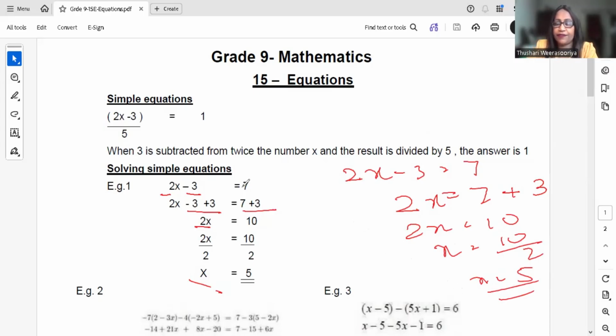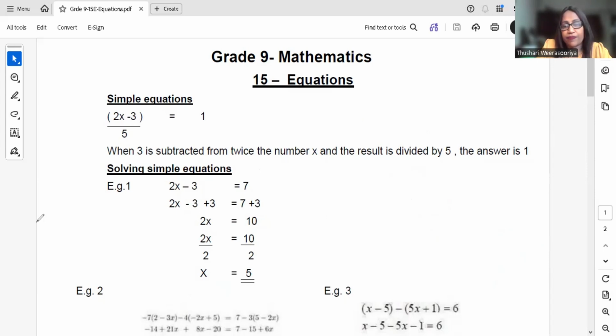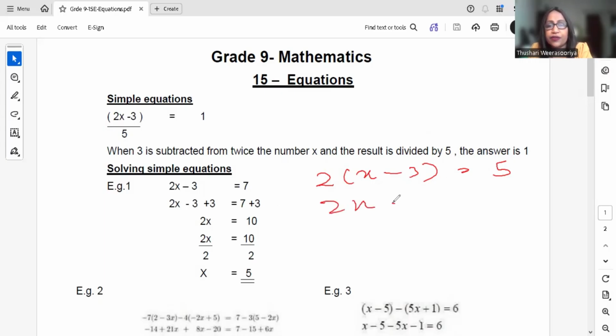Under simple equations also, we have a lot of types of simple equations. The next type, the equations with brackets. When you have brackets in the equation, the first step you remove the bracket. Look at this: 2 times (x minus 3) equals 5. First you remove the brackets. 2x minus 6 equals 5.